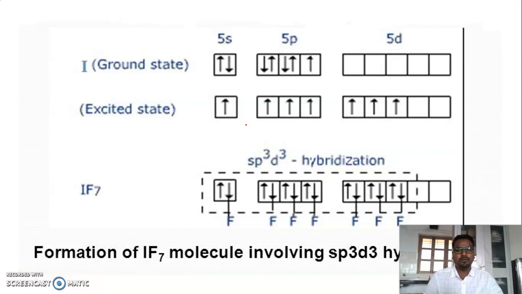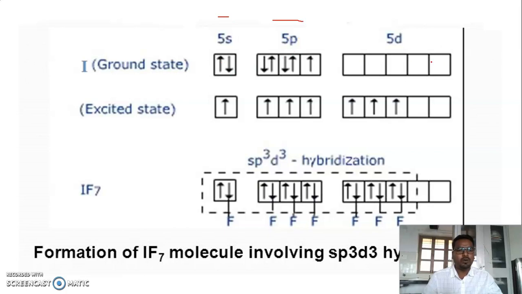Now let us see the bonding of IF7. Before writing the structure, understand it by writing the configuration. The common configuration in all halogens is that they possess s and p orbitals in the valence shell. So 5s, 5p.